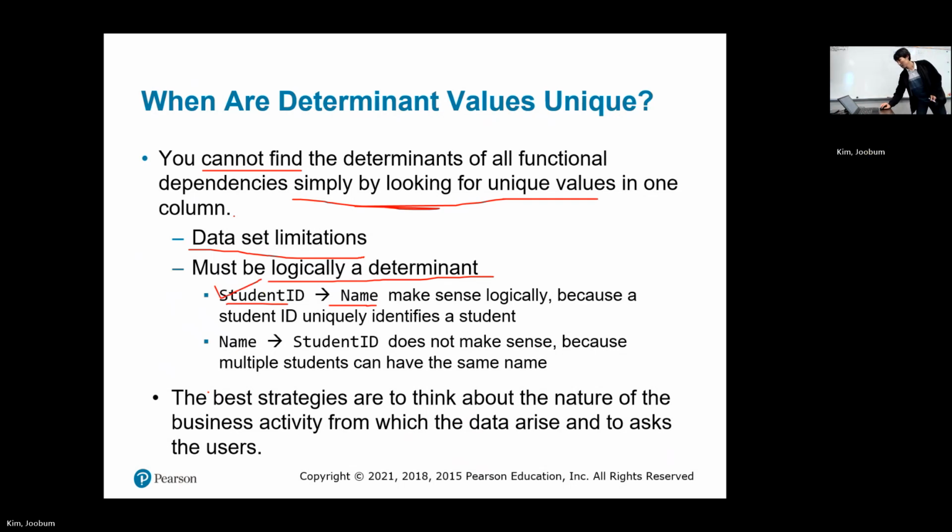How about vice versa? Name determines student ID. Joshua, maybe Joshua A, Joshua B. If possible, 983-10100 is Joshua A, but another student, Joshua B, can have a different ID. So it doesn't make sense to reflect the business environment. So it should logically make sense.